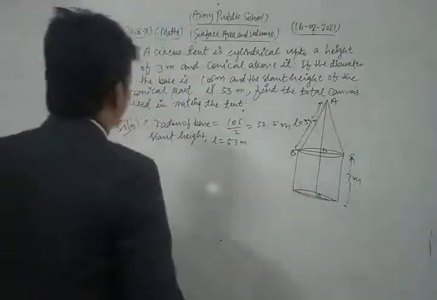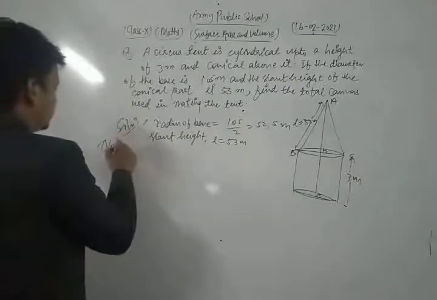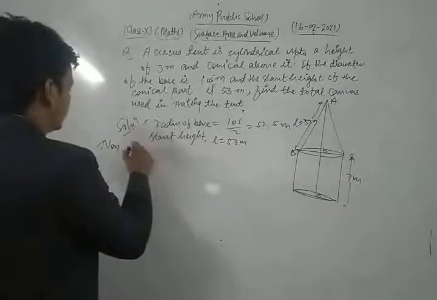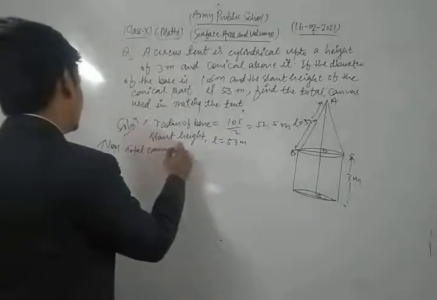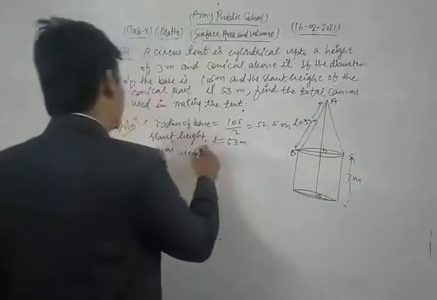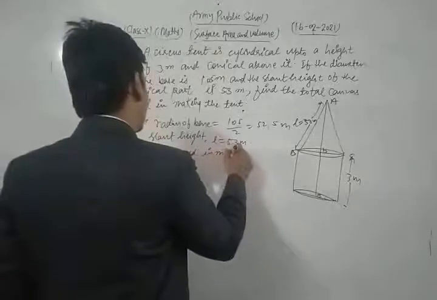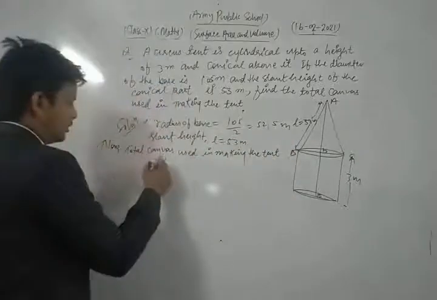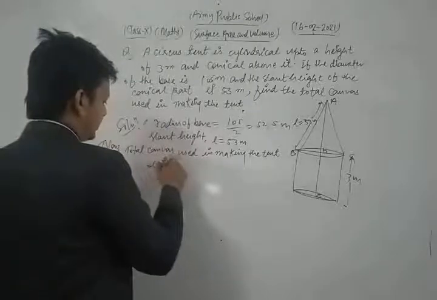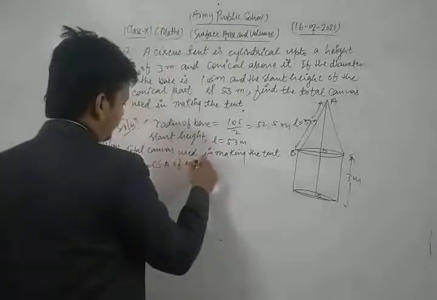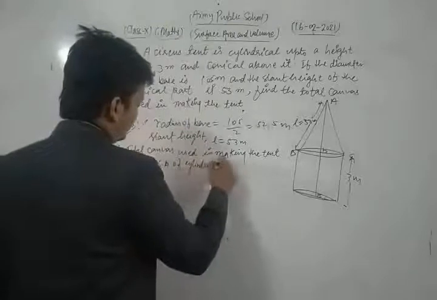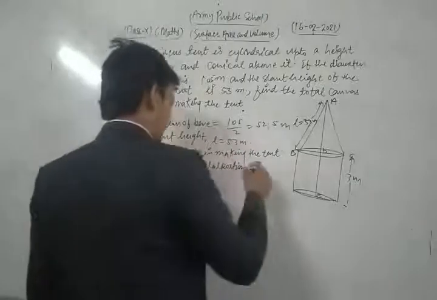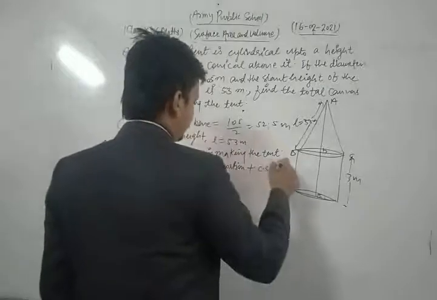Thus, the total canvas used in making the tent is the CSA of the cylindrical portion plus the CSA of the conical portion.